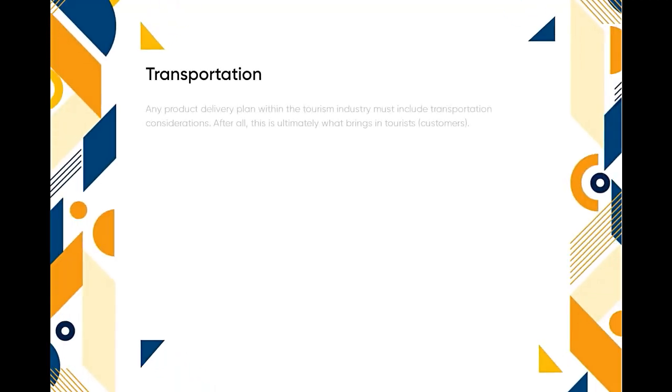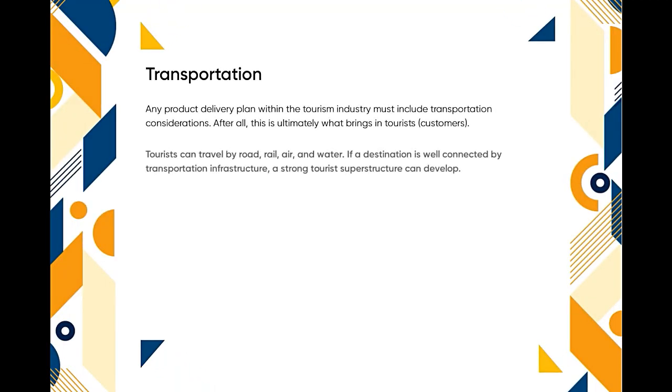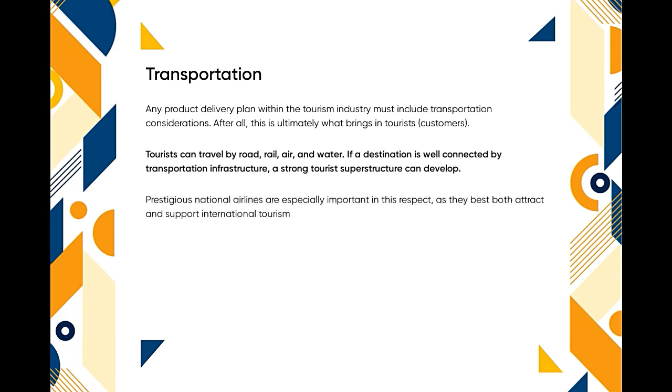Tangible and intangible. Another way of thinking about tourism products or services is as tangible and intangible. Tangible factors. These are objective features of a place that can be measured. These include environment, weather, infrastructure, superstructure.